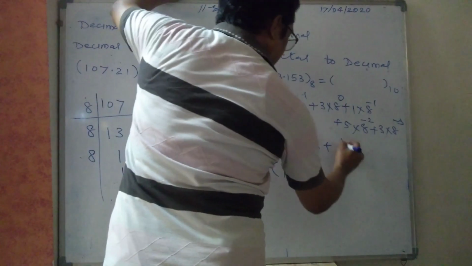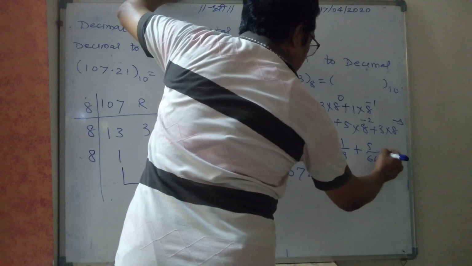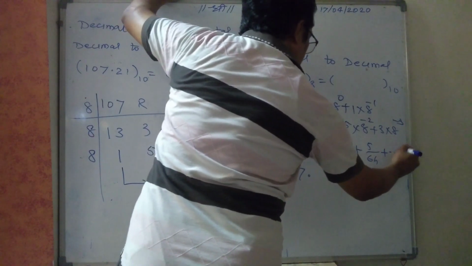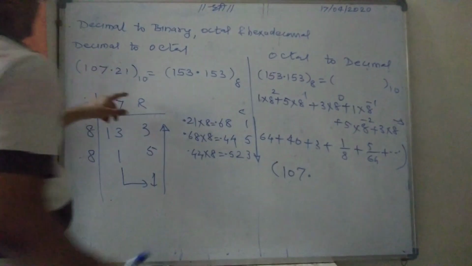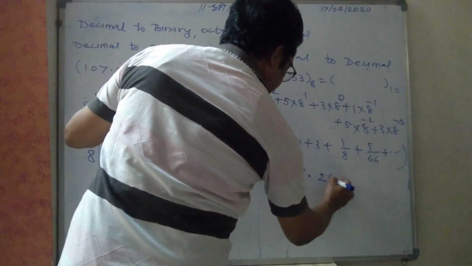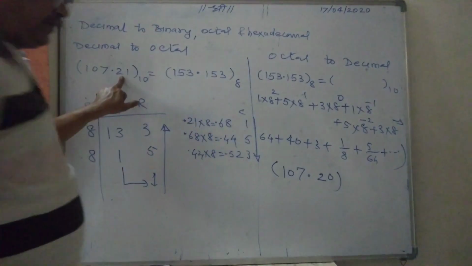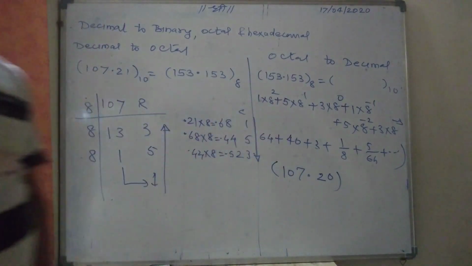Point. This is 1 by 8 plus 5 by 64 plus so on. It will not be exactly 0.21, but it will be approaching 0.21.